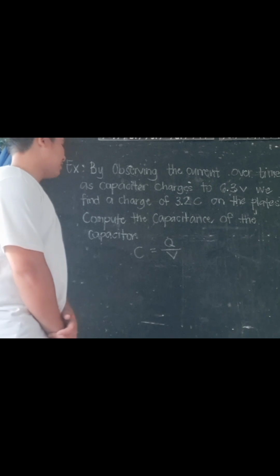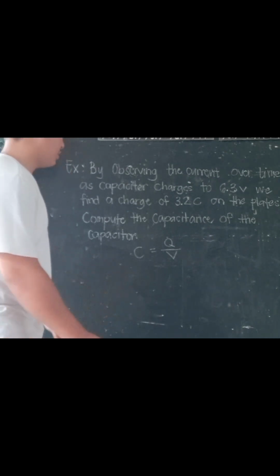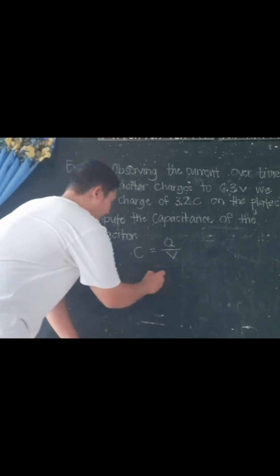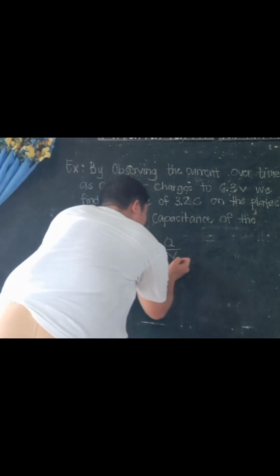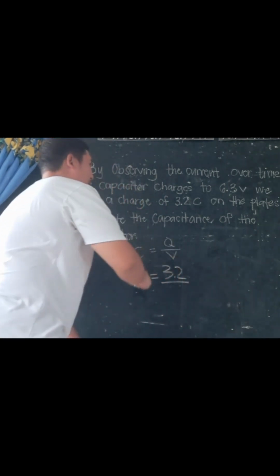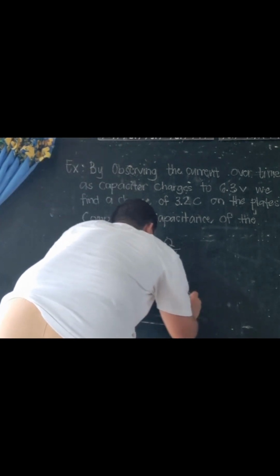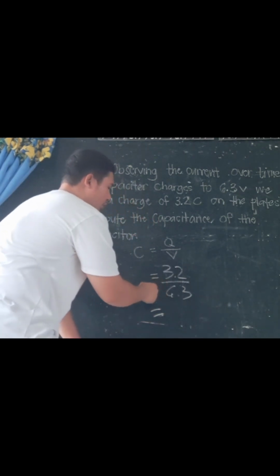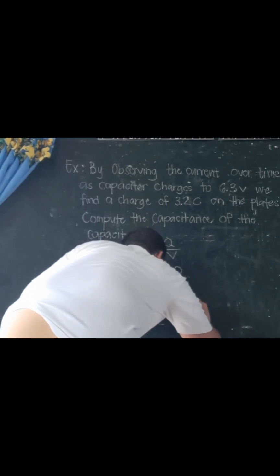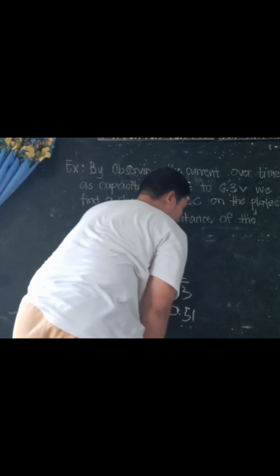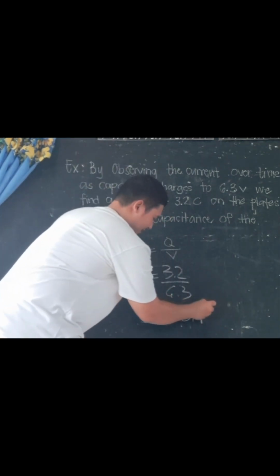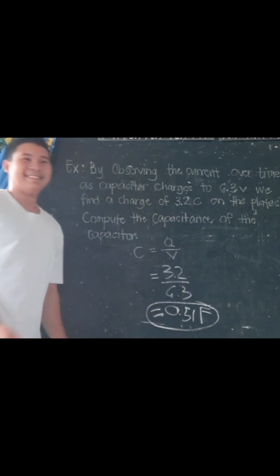To compute the capacitance of the capacitor, we can use this equation: C equals Q over V, where the value of Q is 3.2 and the value of V is 6.3. 3.2 divided by 6.3 is 0.51 and the unit is F. And here is the final answer.